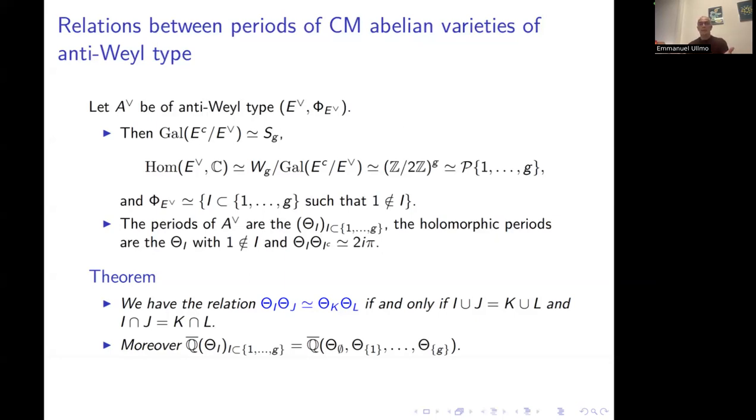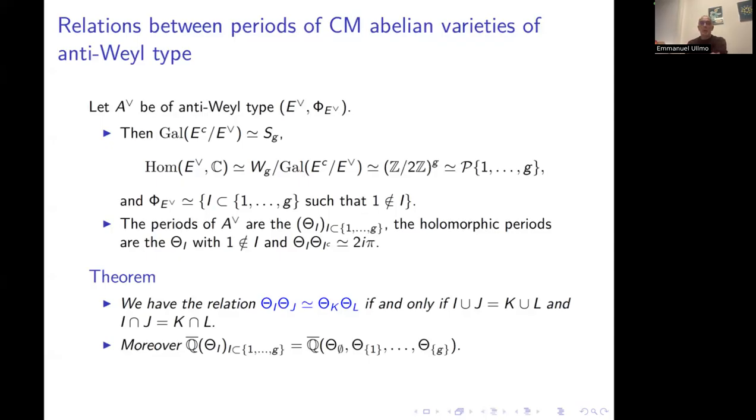You can deduce from this that the field generated by all the periods is in fact the field generated by G plus 1 of these periods. You can take the period associated to the empty set, the period associated to the set with the element 1, the period associated to the element G.